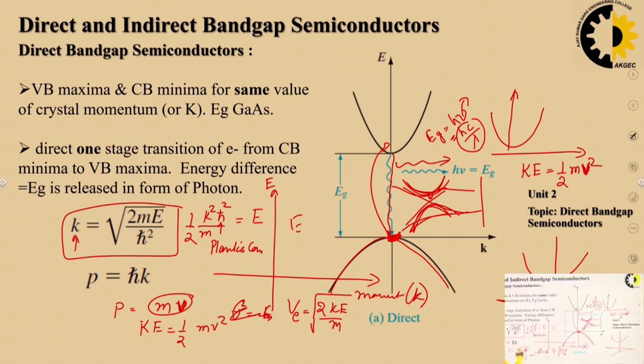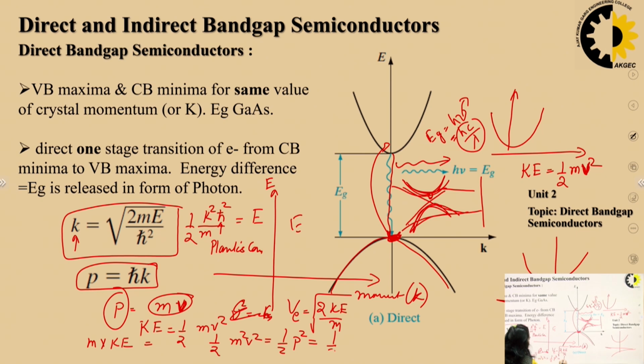Now mv is p, so if we multiply here also, it is half m square v square, which is p square, but p is also equal to hk. So it is also called half h square k square.